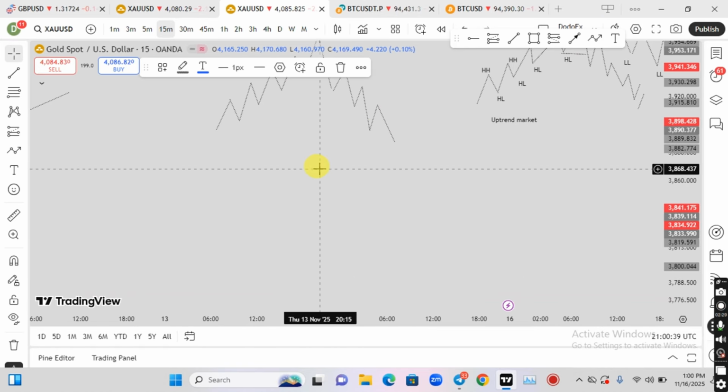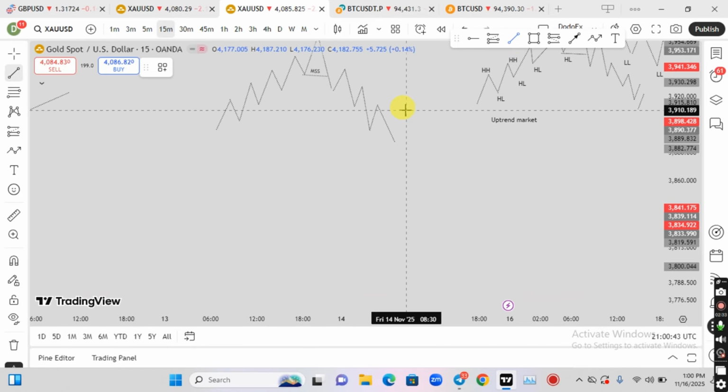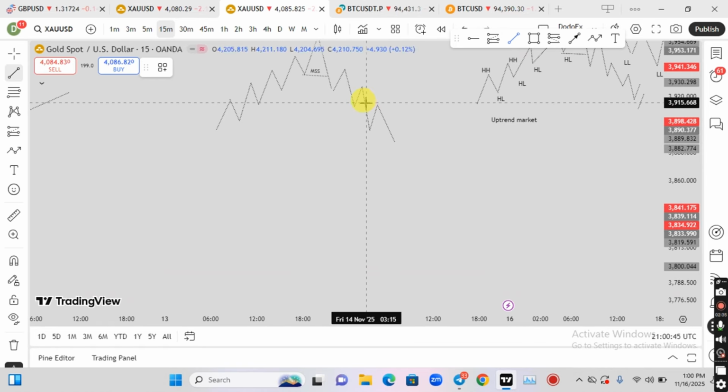Okay, let's see. Price has been, let me just use this one here. Price has given you a series of lower low, lower high, lower low, lower high, lower low, lower high, lower low.